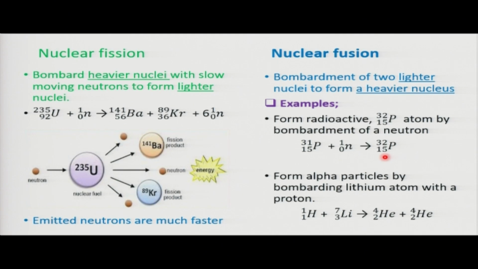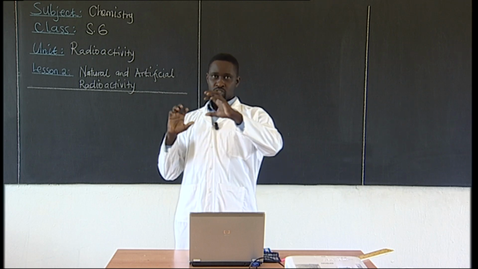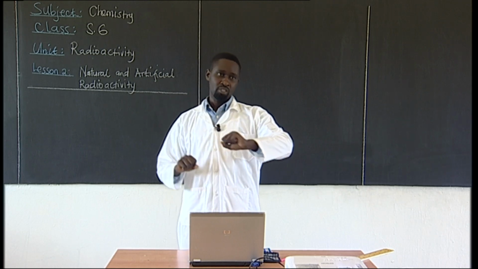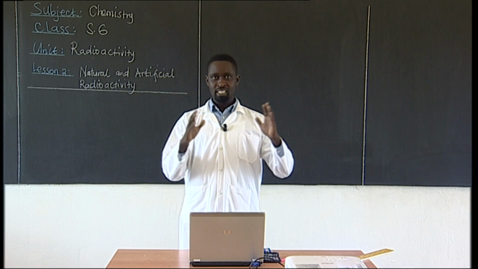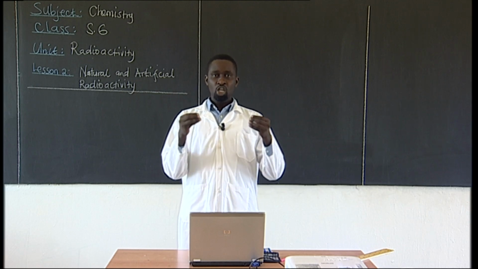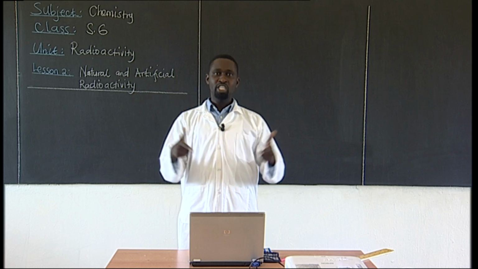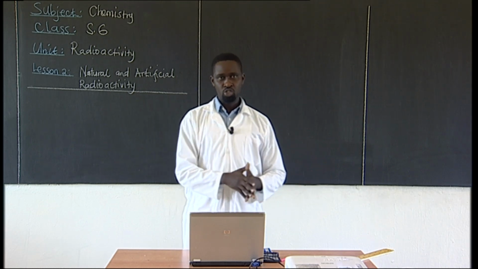That is called nuclear fusion. Nuclear fission, you are disintegrating a big atom to form stable lighter atoms, as you see barium and krypton being formed. So that is artificial. This is artificial because it is controlled and it is made to happen. It is not happening naturally on its own.